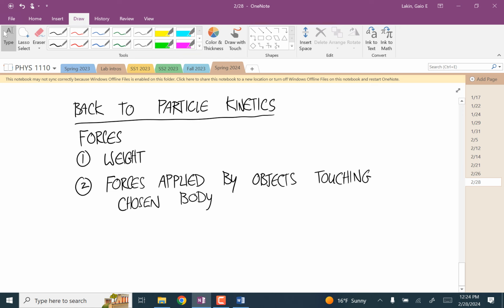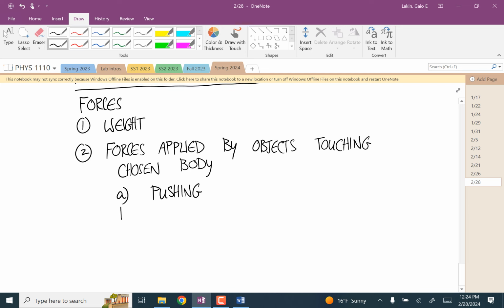There are three types of these forces that we're going to deal with. The first one is a pushing force. The second one is a pulling force, and you can always imagine that being applied by a string or a cable. Even if there's no cable, we're going to think of it as if there is a cable. And then the third one is a friction force.